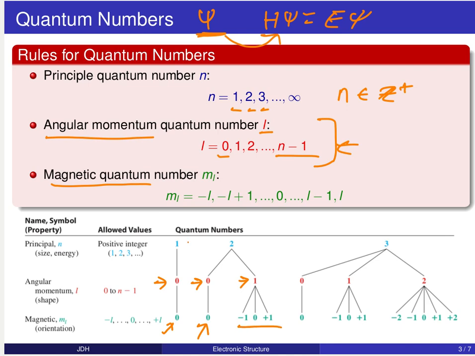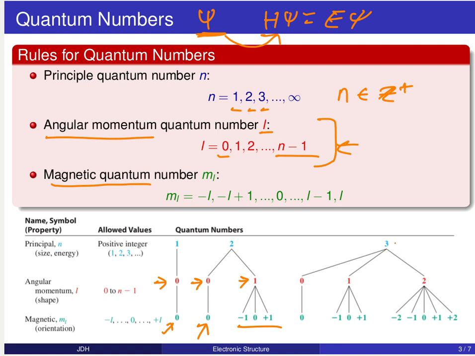Okay? So notice how the first branch of our n equals 2 looks a lot like the n equals 1 branch, 0, 0. So if we extend this again to an n equals 3 principal quantum number, then we again get that 0, 0 branch. We get the 1 with the minus 1, 0, plus 1 branch, but now we have yet another branch because now the possible values of L have been extended by 1.